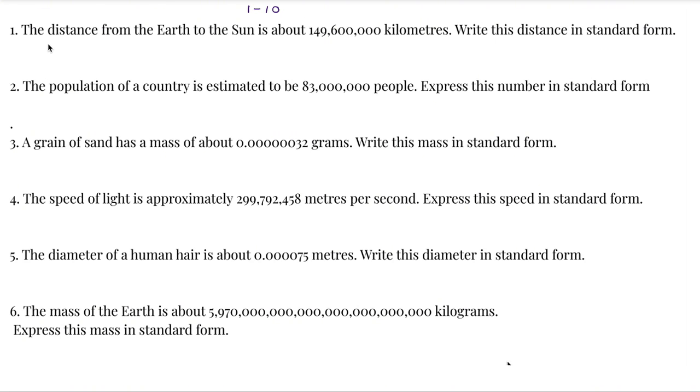So we shall begin. Watch my other video on standard form conversions before you come onto this, because this is a little bit trickier because there's words. So we have 149,600,000, a massive number, but the same concept. So we've got 149.